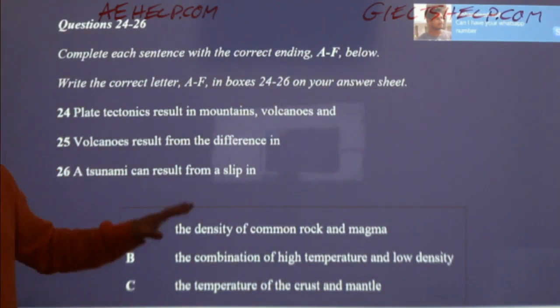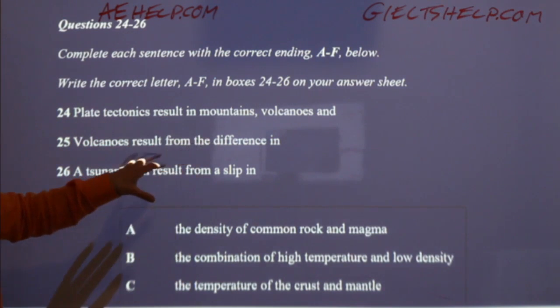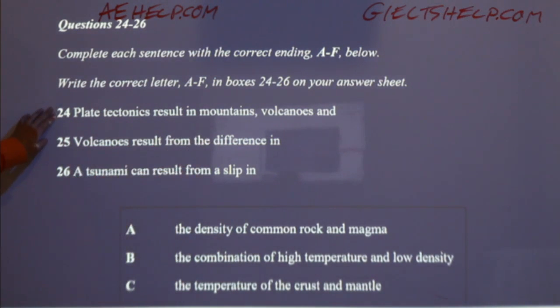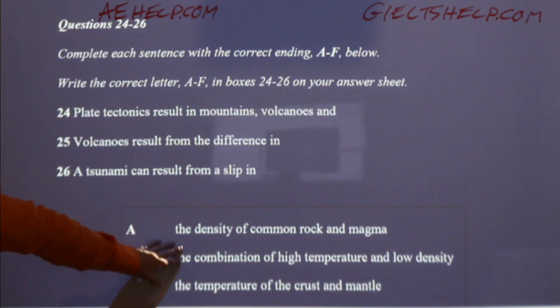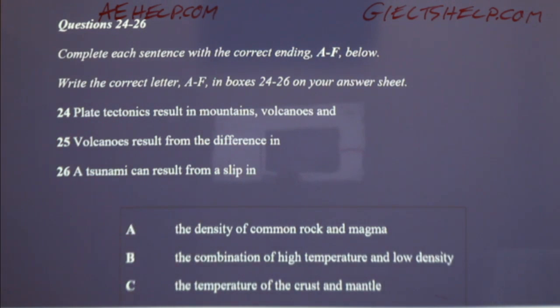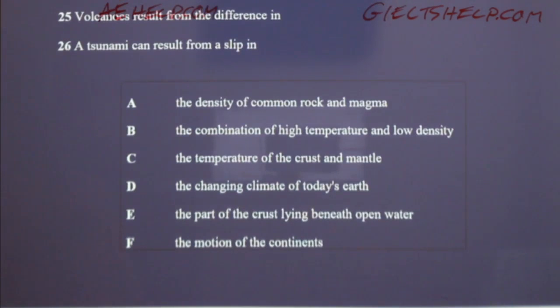For the completing the sentence endings, only read these 3 because these will all be somewhere in the passage. This part here, the choices, there's 6 of them. 3 are not in the passage, so 3 of them will only confuse you, so don't read the choices there.